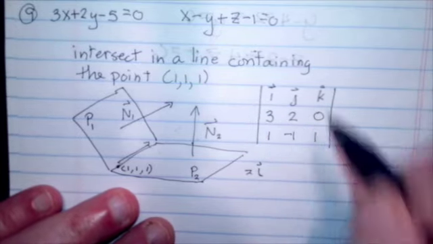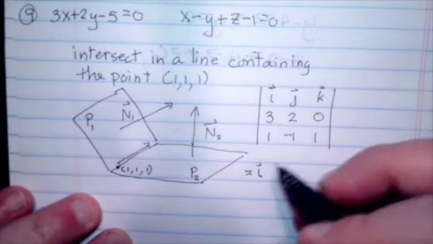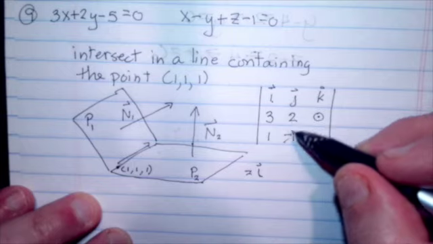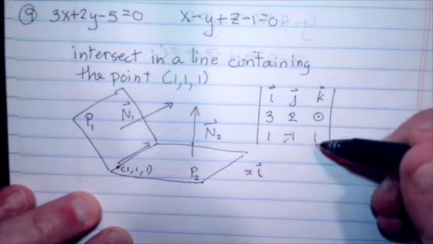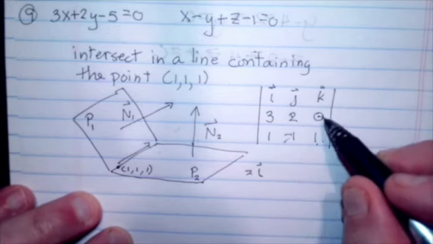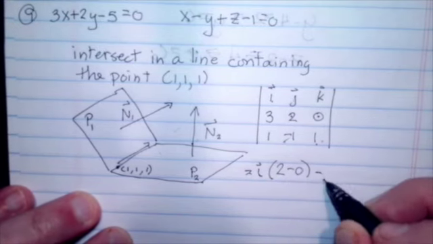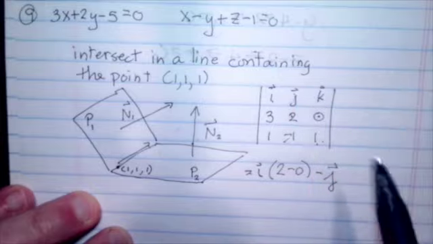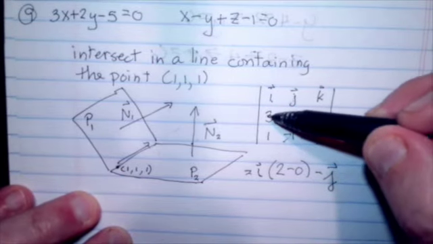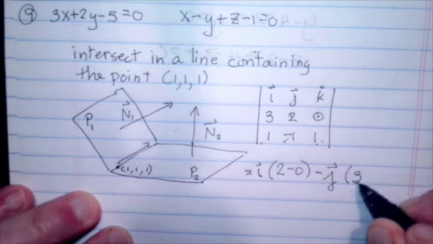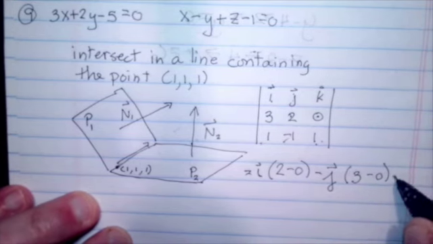So I need i times this 2 by 2 determinant. Well, this 2 by 2 determinant would be 2 times 1 minus -1 times 0. That would be 2 minus 0. Then we need minus j times this 2 by 2 determinant, 3 times 1 minus 1 times 0. That's 3 minus 0.